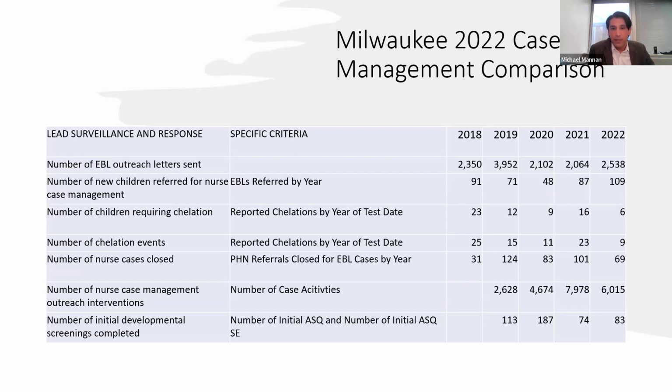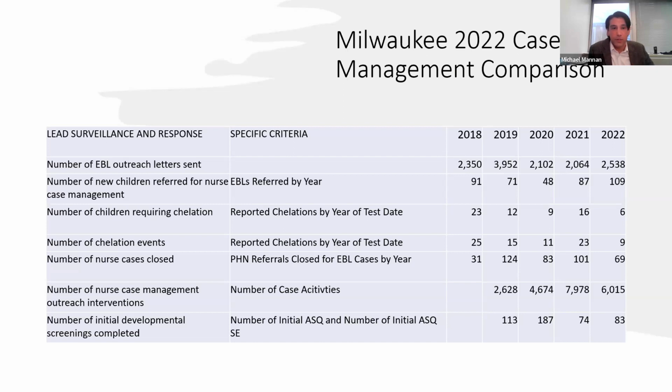Some of the other things that we can see on there that I really want to spend time talking about is the second row to the bottom, the number of case management outreach interventions. And you can see a significant increase in data and nurse interactions.